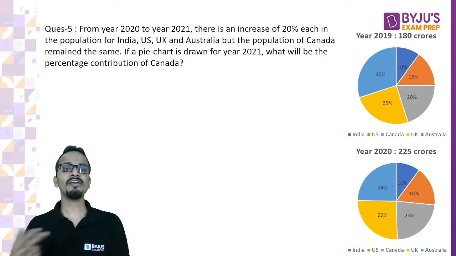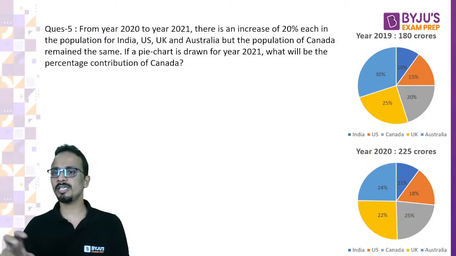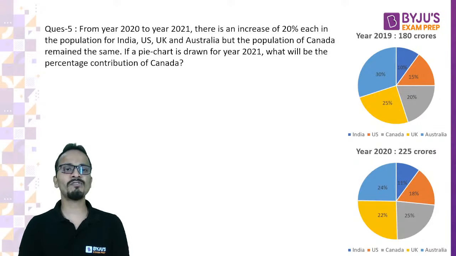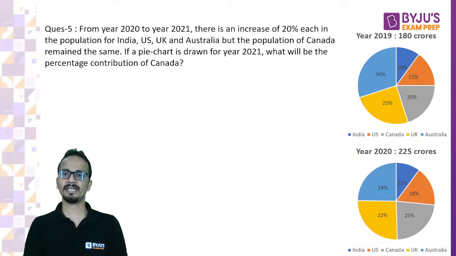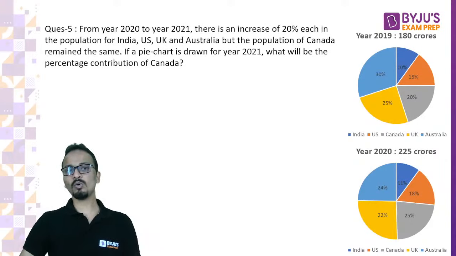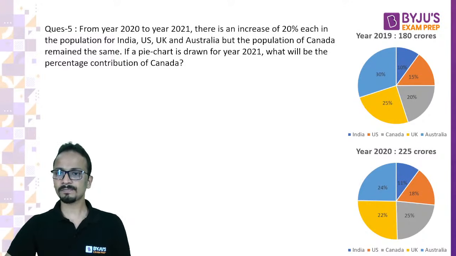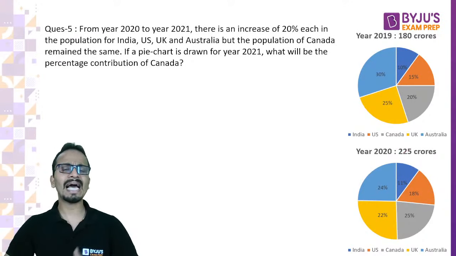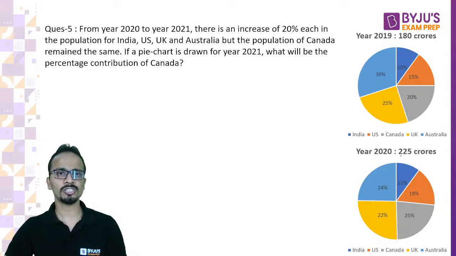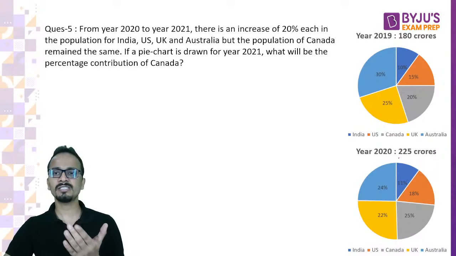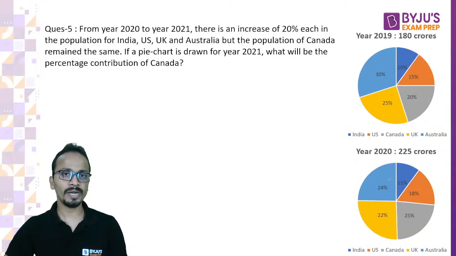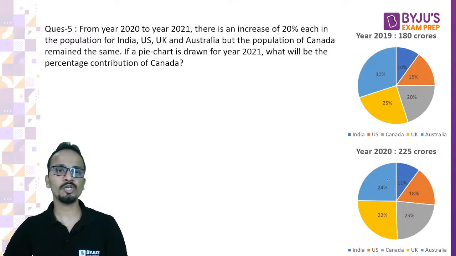Okay, now if a new pie chart is drawn for the year 2021, then what will be the percentage contribution of Canada? Now what happens in such questions is we tend to start calculating the populations of these countries first of all in the year 2020, then in the year 2021.